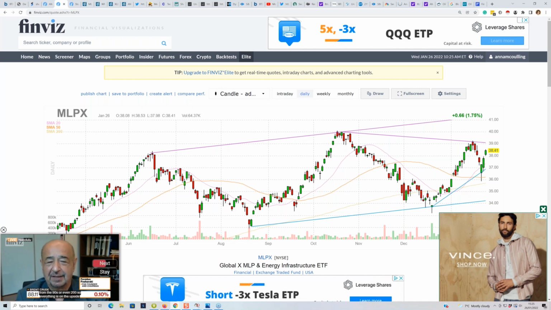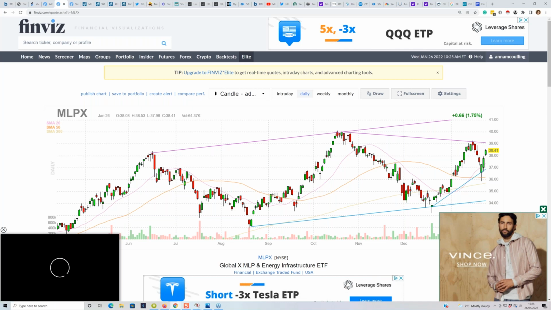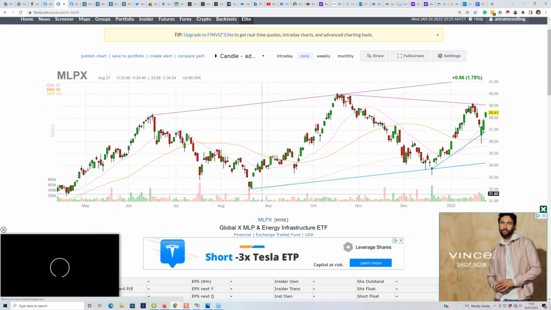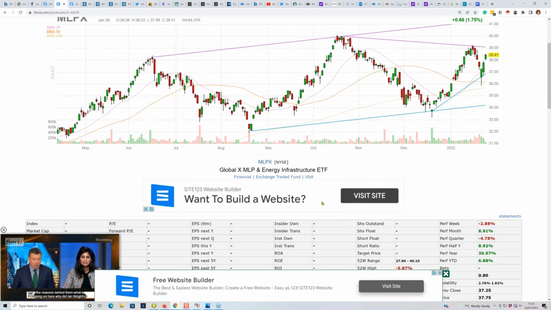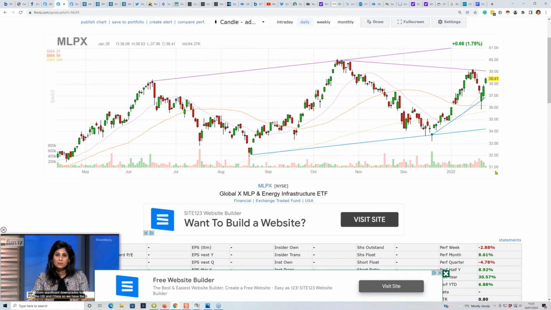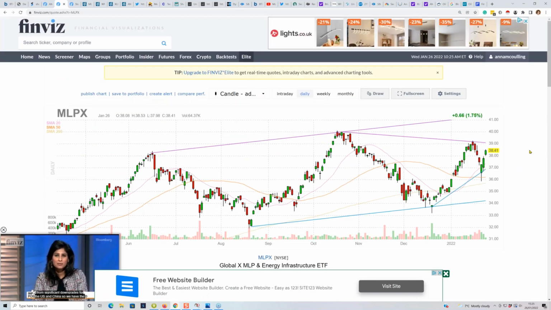Williams is also in the MLPX, the Global X MLP and Energy Infrastructure ETF, because there's something to do with midstream. You can look it up yourself if you wish. You just want to see, is it performing as you would expect compared to what the ETF is doing.